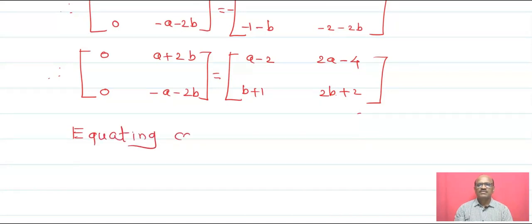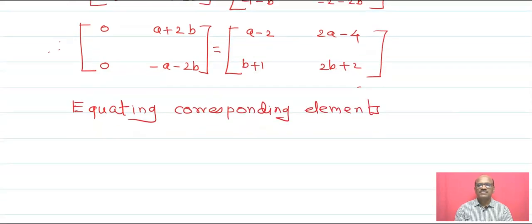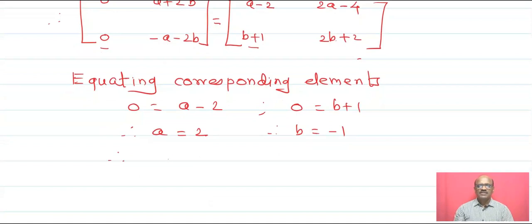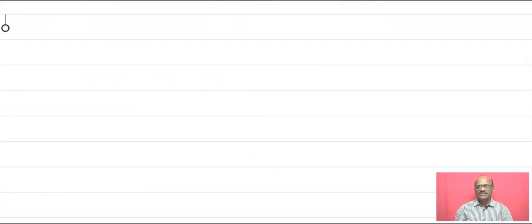Equating corresponding elements, that is a minus 2 is equal to 0, therefore a is equal to 2, and b plus 1 is equal to 0, means what, b is equal to minus 1. In all these examples, there is matrix multiplication practice.